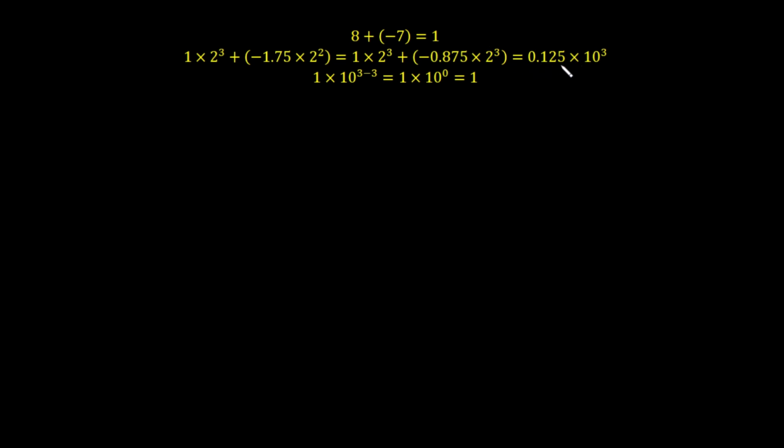So when we double that 3 times, we're going to have to take away the factor of 3 from the exponent. This number has been doubled 3 times to get a value of 1, so the exponent will have to go down by that factor of 3. So we're going to have 2 to the 3 minus 3, so it's 2 to the 0, which is a value of 1.